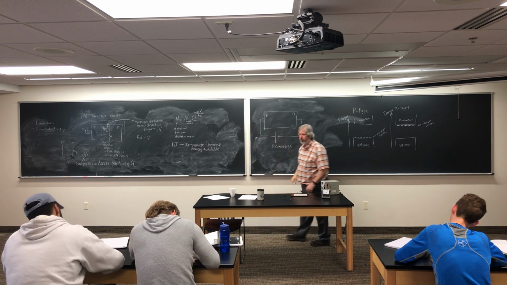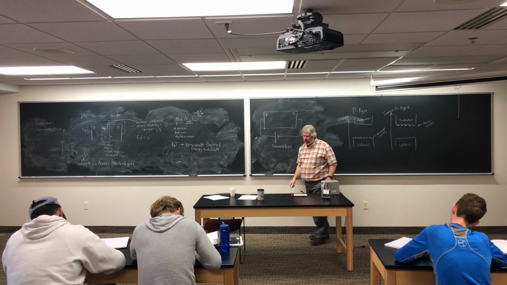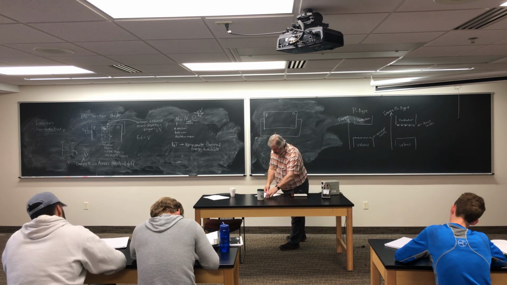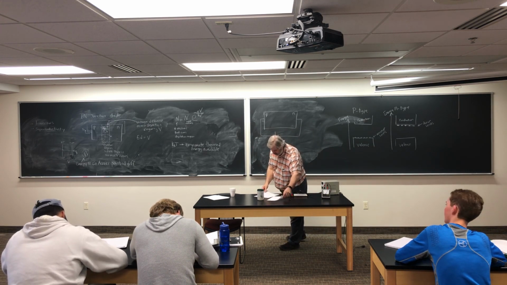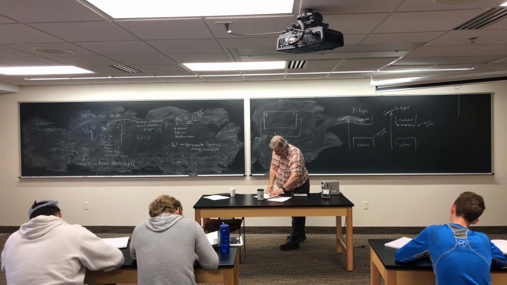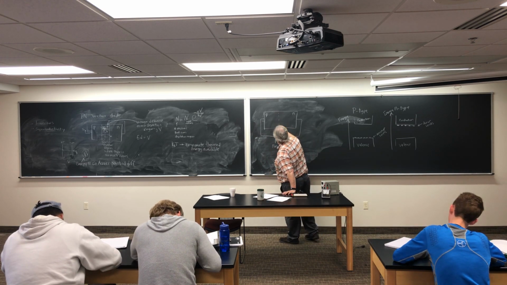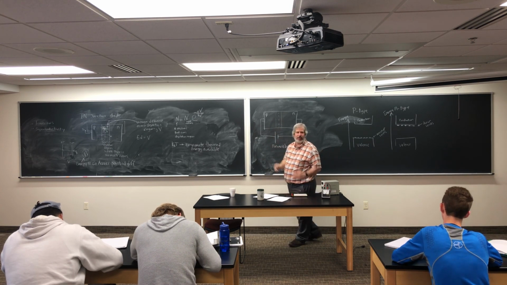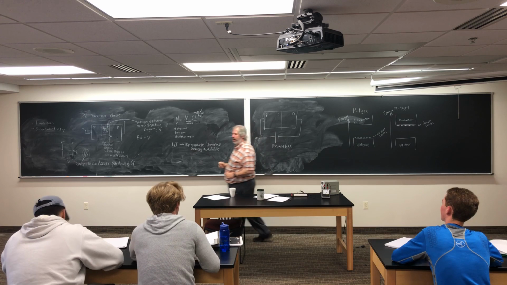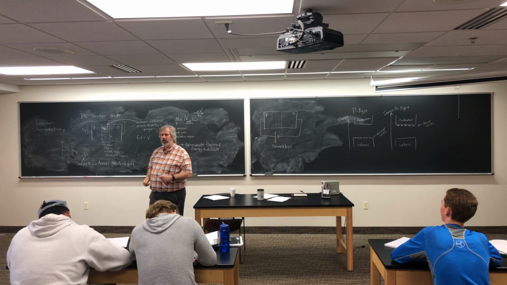So if we forward bias this thing, what have we done here? We talked about the fact that we shrink the depletion region, right? We talked about that last time. So what's really happening?